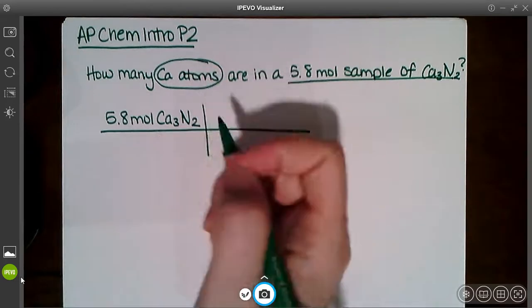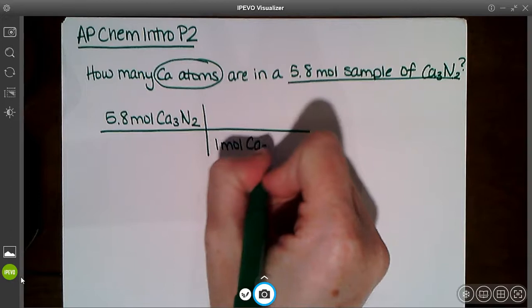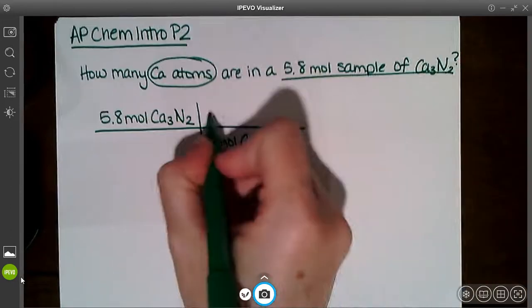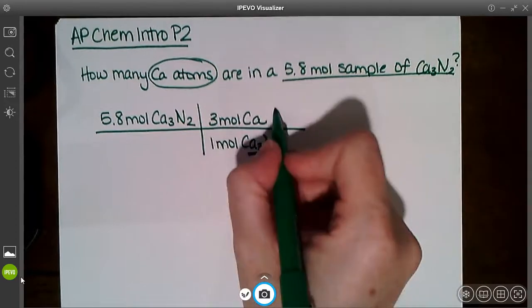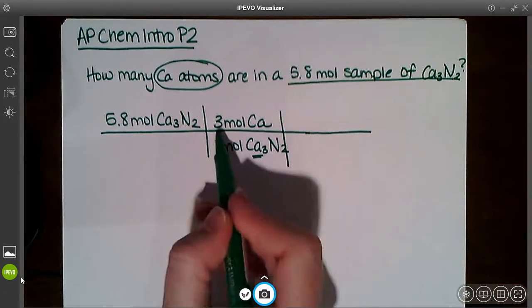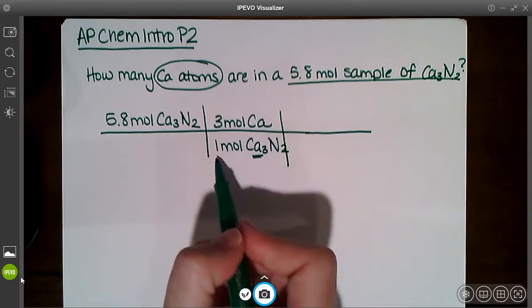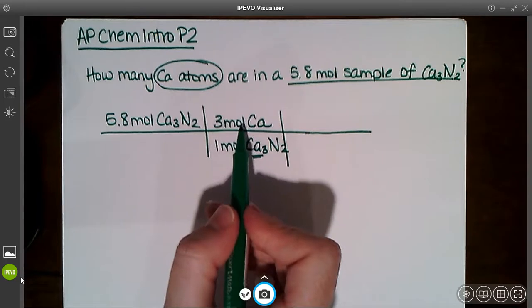So I know that for every 1 mole of calcium nitride, I have 3 moles of calcium in it. It would be like saying for every 1 car, I have 4 tires, right? So I'm going to a smaller piece. So it's always 1 of your compound and however many of the thing that makes up the compound.